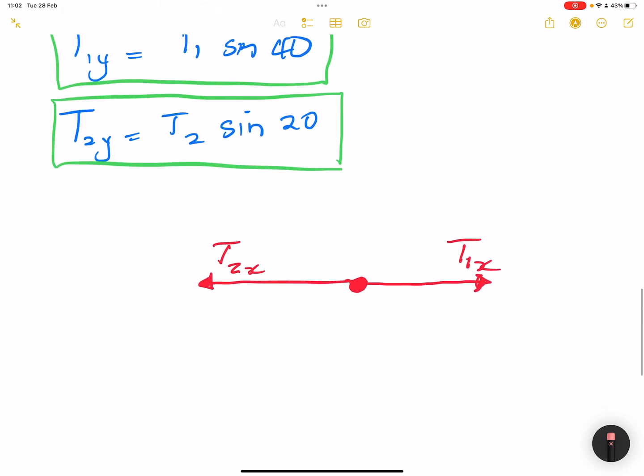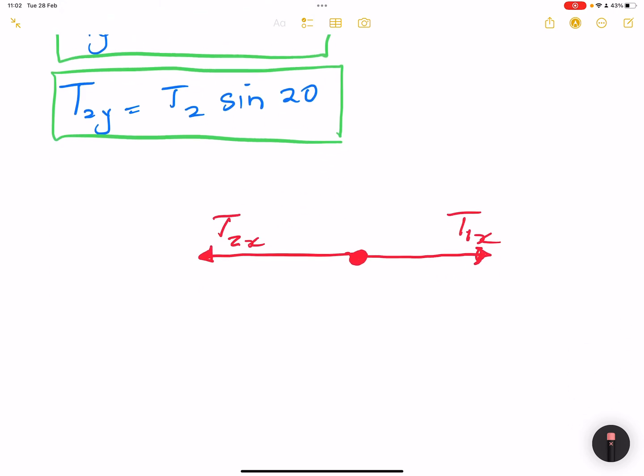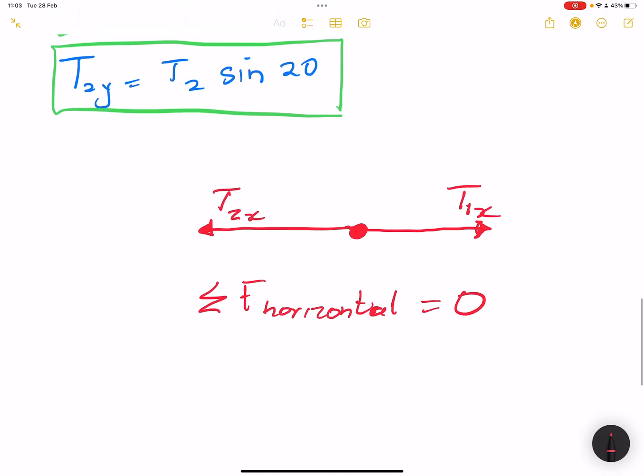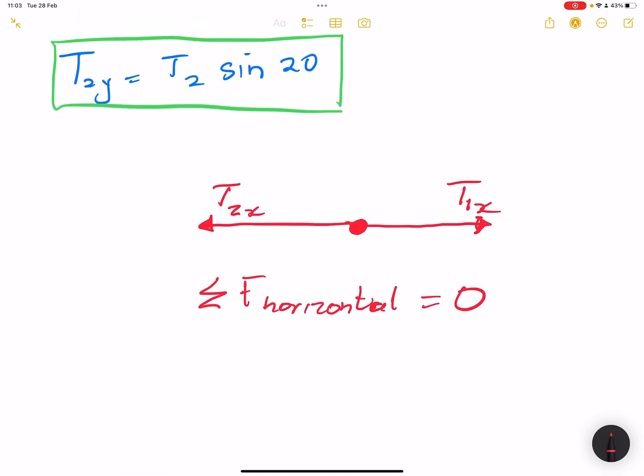So if we take the sum of forces in the horizontal direction, that's the net force, and it's going to be equal to 0. Why? Because our system is at equilibrium. Please remember that equilibrium of forces simply means that we have a zero resultant.